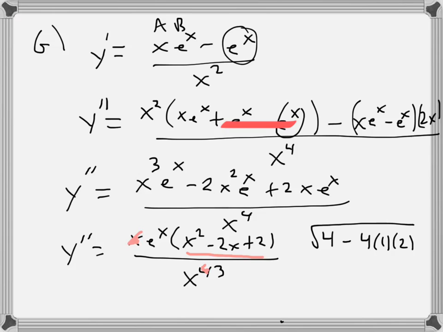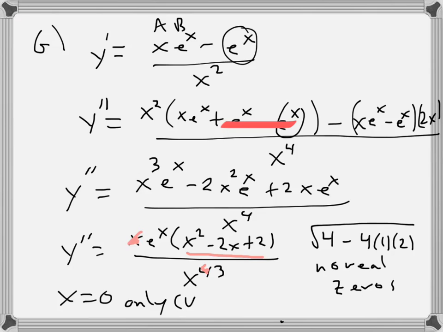That means the two zeros of this are complex numbers. They're not real numbers. So there is no real zero in that quadratic, and e to the x is never 0, so the top can't be 0. All that's to say that x equals 0 is the only critical value here.